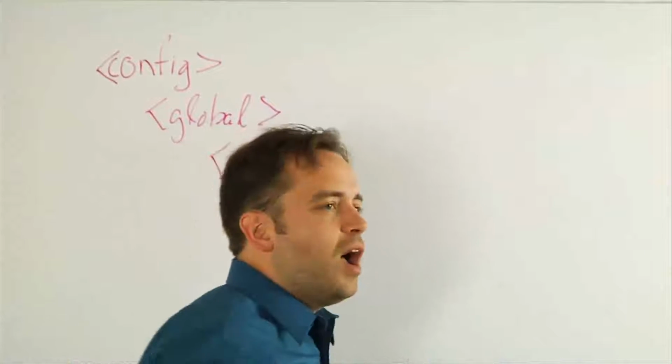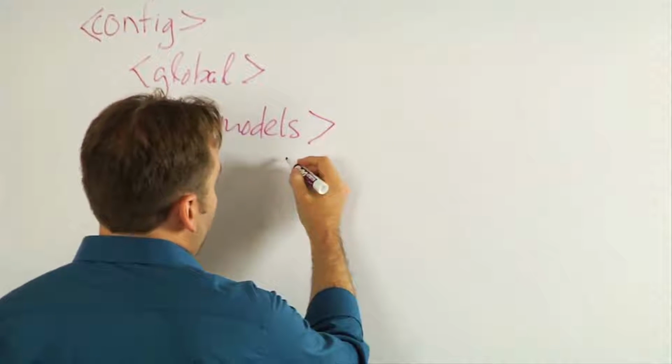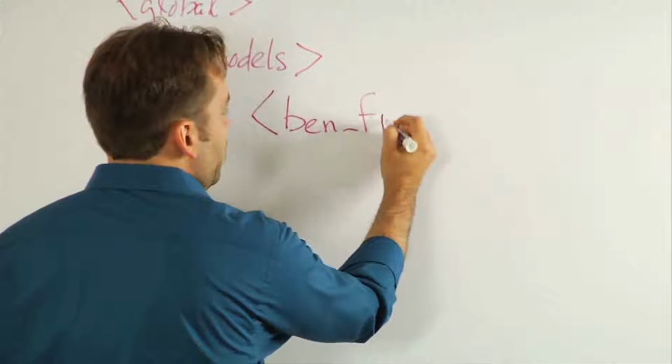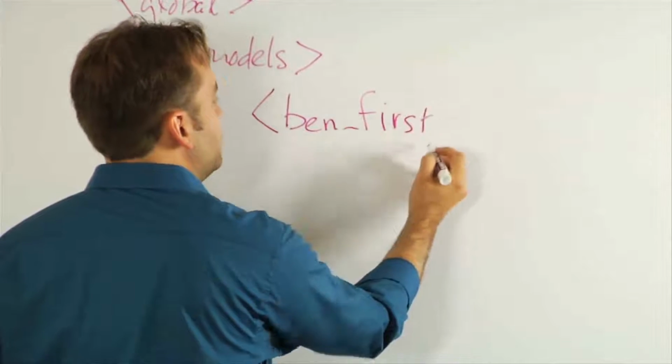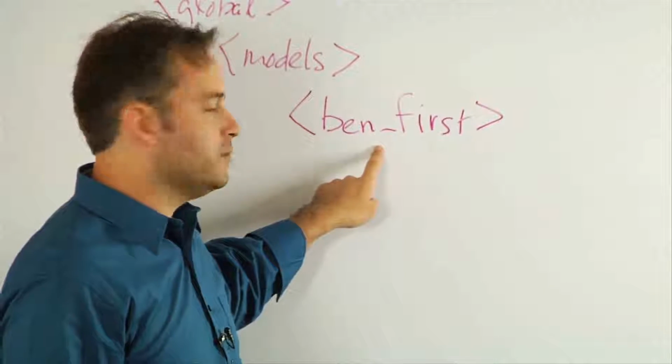I like the namespace module convention, so I'll say config global models, and then in the case of my narcissistic example module, we'll say that's my class group name.